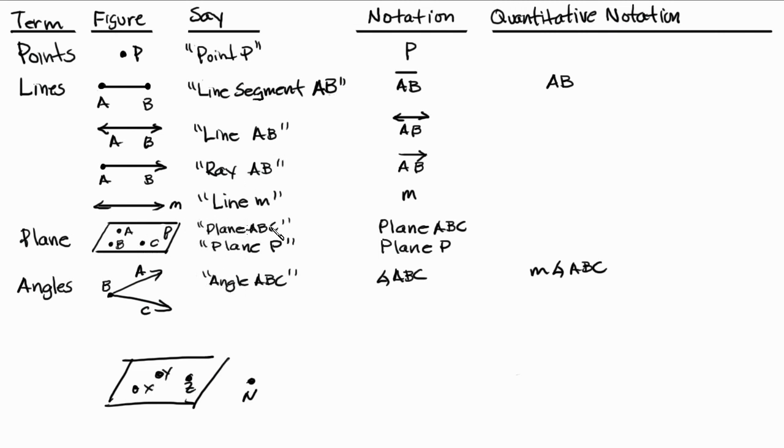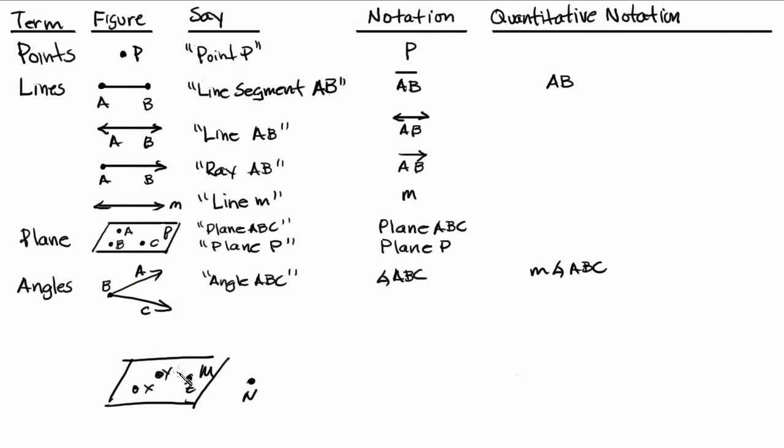But for the most part, you just label it plane ABC or plane P. You can call it either way. I choose plane P. It's better. Even if I did see 3 points, I'd probably just call it plane M, just because it's easier to refer to. And the way you would write the notation for that is just plane ABC or plane P.